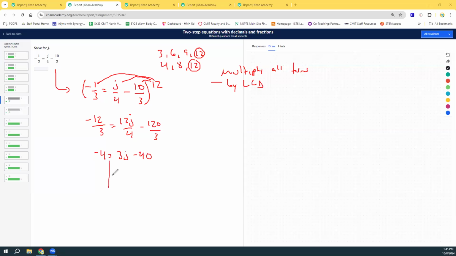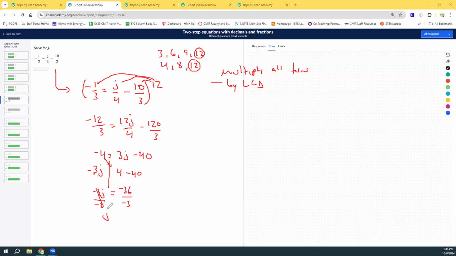Now I can draw a line under my equals sign, put my variable term over on the left side, put my 4 on that side, so positive, bring down the negative 40, that's going to be negative 36. And now I just divide by negative 3.